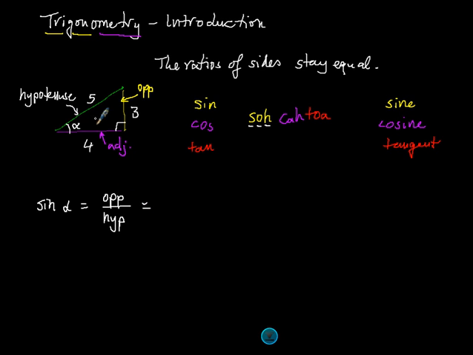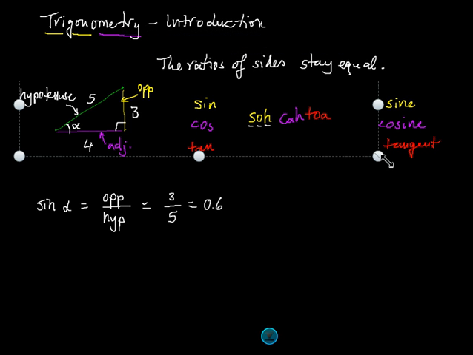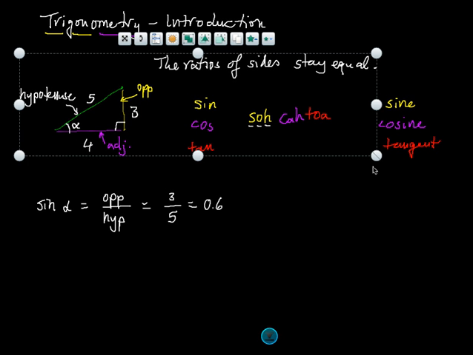So now we're going to find the opposite to this angle here. The opposite is 3, and the hypotenuse is 5. So sine alpha equals 3 over 5. That is the sine ratio. Ratios can also be written as a fraction. In fact, if I calculate this as a decimal number, I get 0.6. That is my sine ratio. And this number stays 0.6 no matter the size of my triangle, whether I make it bigger or smaller.